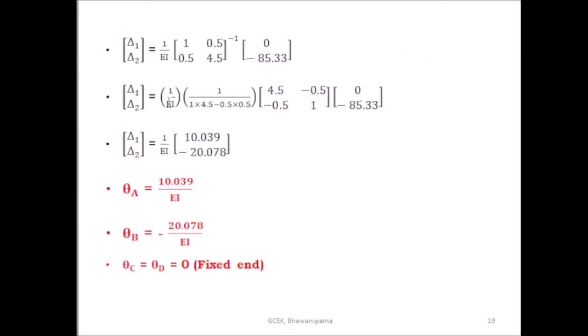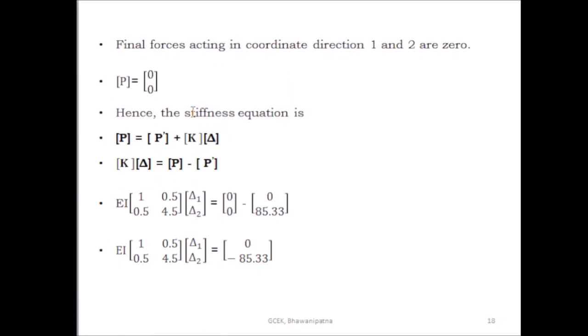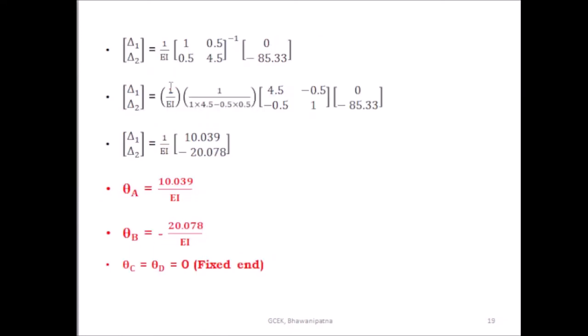Then you have to take the inverse of the stiffness matrix. Then you can find out the displacement at coordinate 1 and coordinate 2. Delta 1, delta 2 is equal to 1 by EI, the inverse of the stiffness matrix, into 0 minus 85.33.